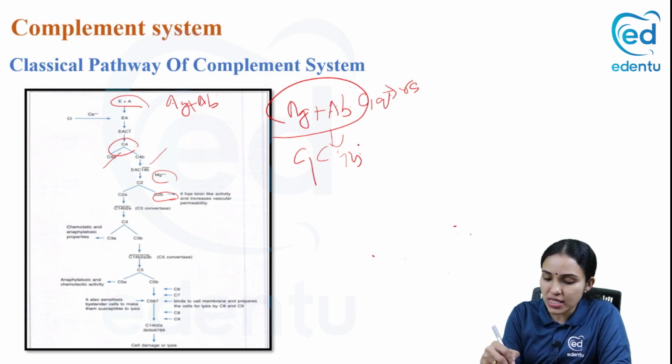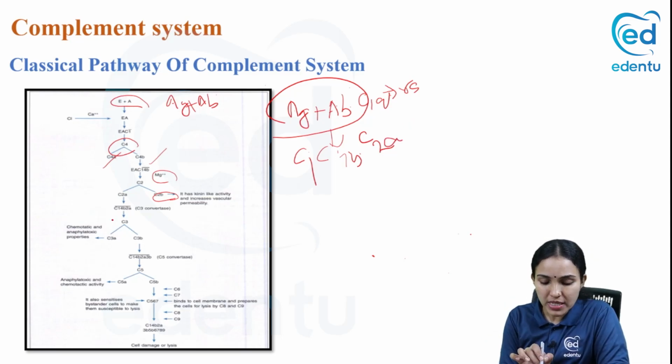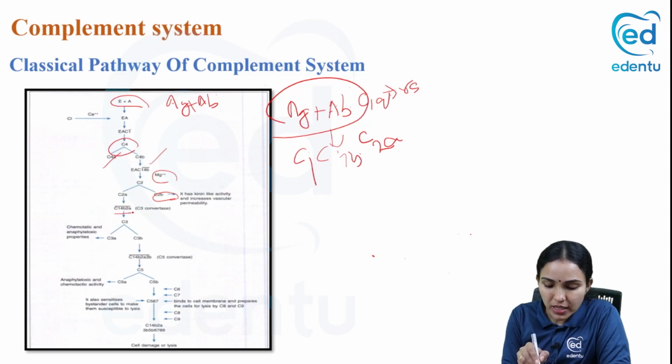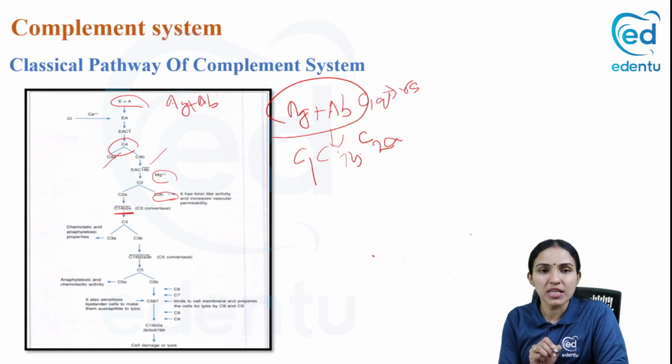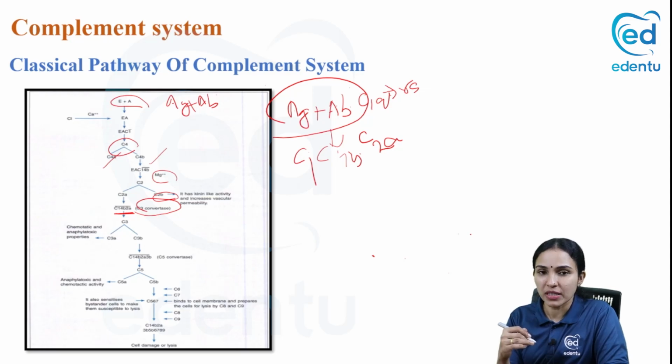So now the C1, C4B becomes C1, C4B, C2A. So now we have the antigen antibody complex along with C1, 4B, 2A. Actually, this complex behaves as the C3 convertase. This has an enzymatic action which can cleave C3. So we have come to the next major step in the cascade, that is formation of C3 convertase.